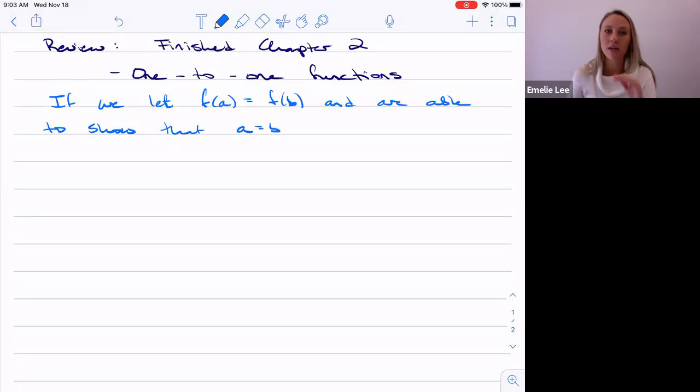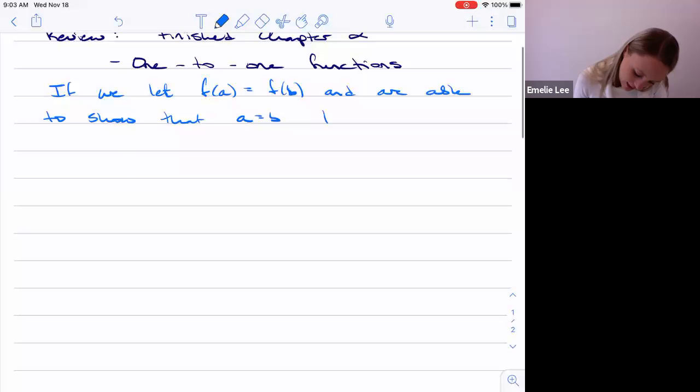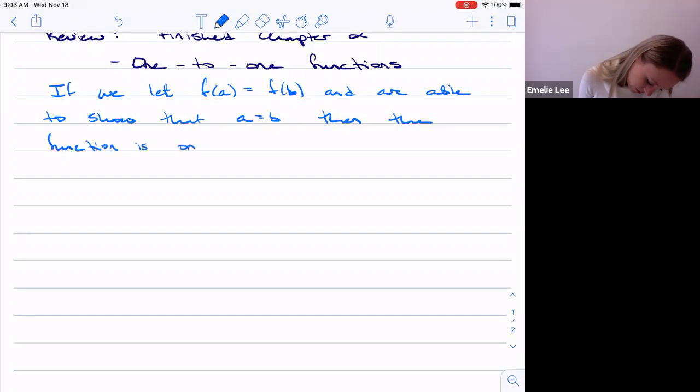If we force f of a to be equal to f of b, and then everything falls out and a equals b, then the function is one-to-one.